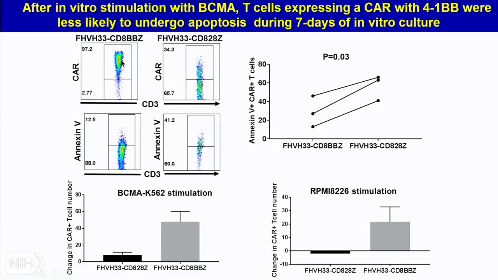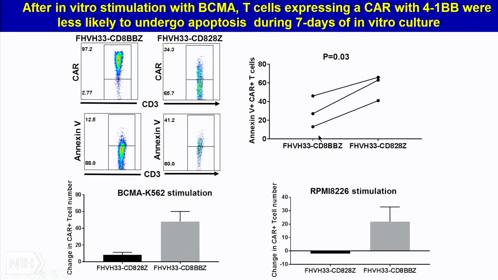FHBH33CD8BBZ. After a 7-day in vitro culture period, there's a nice strong population of CAR T cells and Annexin-5 positivity indicating apoptosis only in 12.5% of the CAR T cells. If we look at the CD28 CAR, we have this much smaller population, and out of this population, 41% were Annexin-5 positive indicating apoptosis.